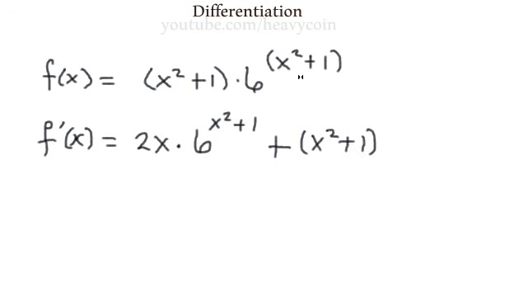Then we take the derivative of the second part, so the derivative of x squared plus 1 is 2x, and then we just rewrite 6 to the x squared plus 1, and then we want to clean all this up, and really the only thing we do is take this 2x and bring it out front. And if you want to factor, you can factor it also. All right.